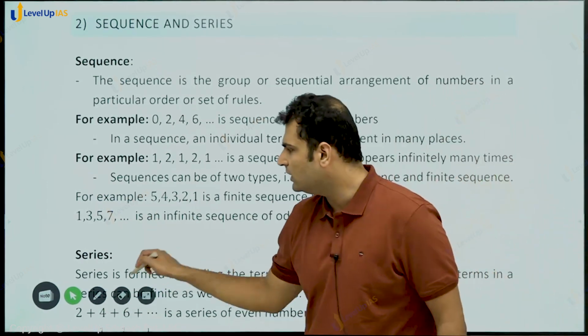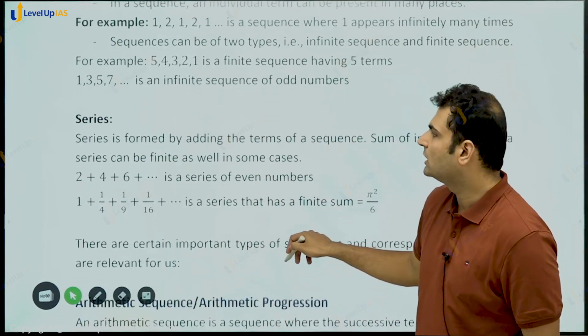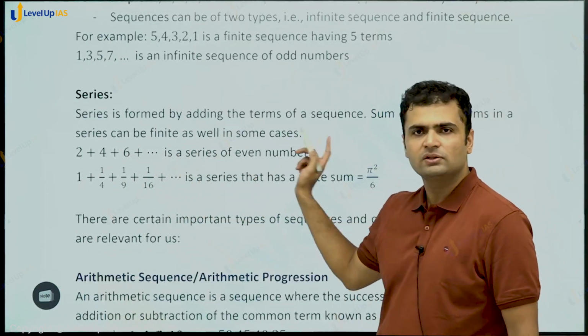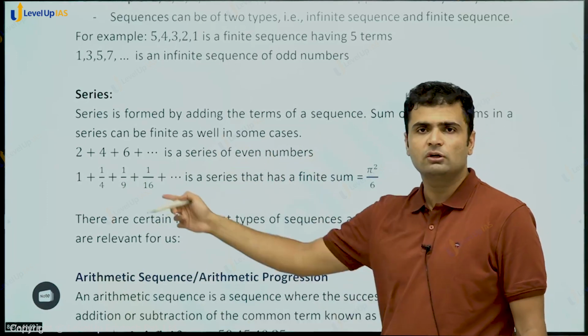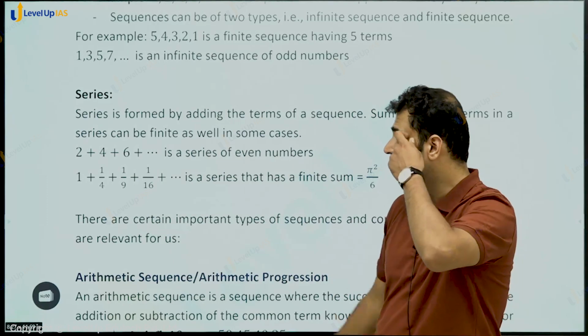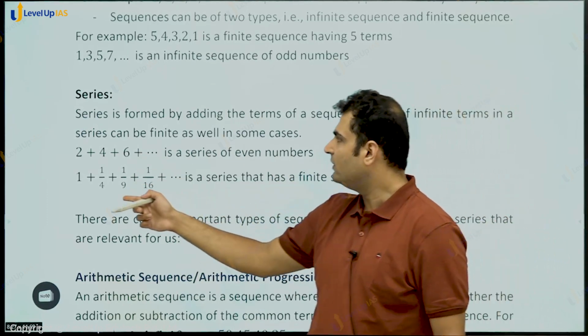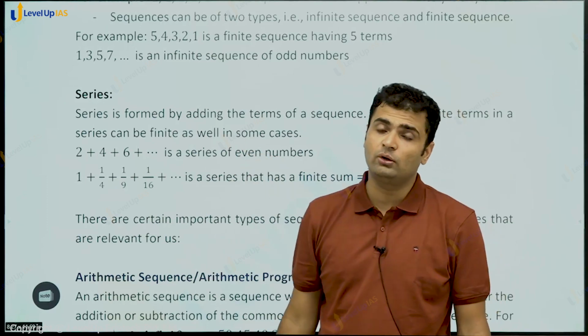और series क्या होती है? Series होती है addition of terms of sequences series. तो मतलब 2 plus 4 plus 6 plus 8 plus this thing. This series is series of even number. तो मतलब sequence of even number के addition is series of even numbers. 1 by 4 plus 1 by 9 plus 1 by 16 is series having finite sum. This sum can be finite or infinite as well.